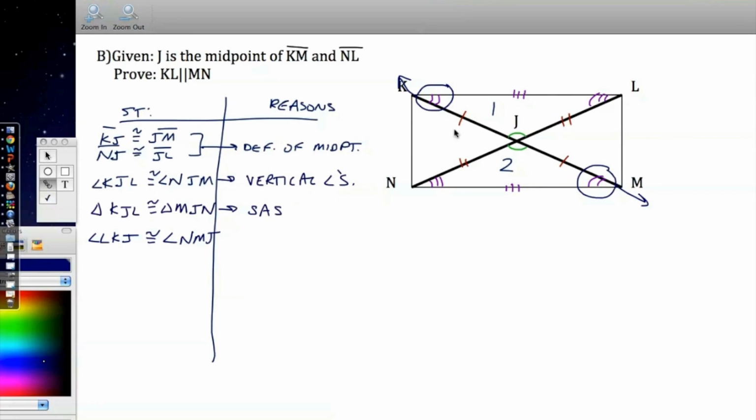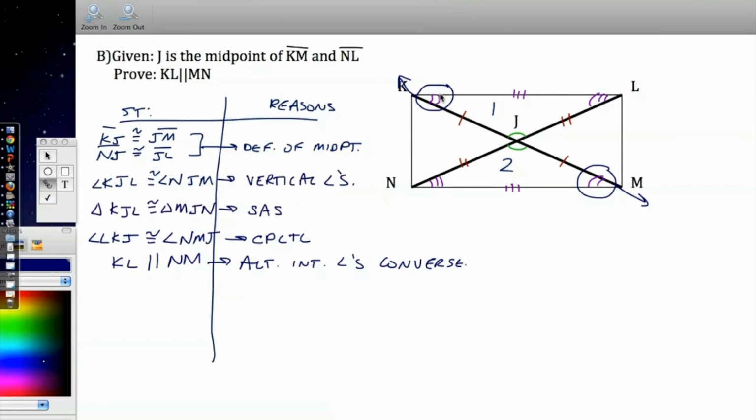So LKJ is congruent to NMJ. Because those angles are congruent, that's CPCTC. Because I proved that these triangles are congruent, so these corresponding parts of congruent triangles are congruent. How does that help me? Well, now I can say that KL is parallel to NM because that's the alternate interior angles converse.